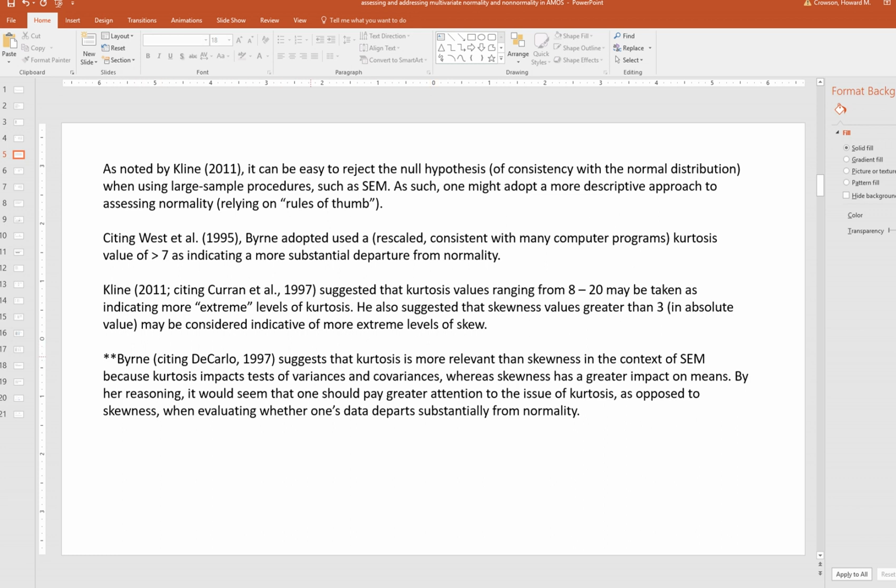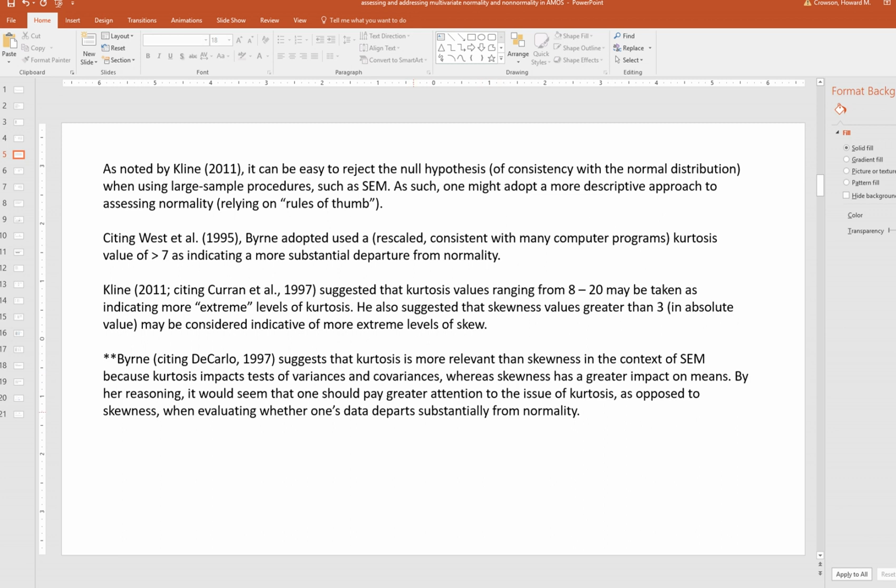Now, Byrne also suggests that kurtosis is probably more relevant to the question of multivariate normality than skewness, at least in the context of SEM, because kurtosis impacts tests of variances and covariances, whereas skewness has a greater impact on means.